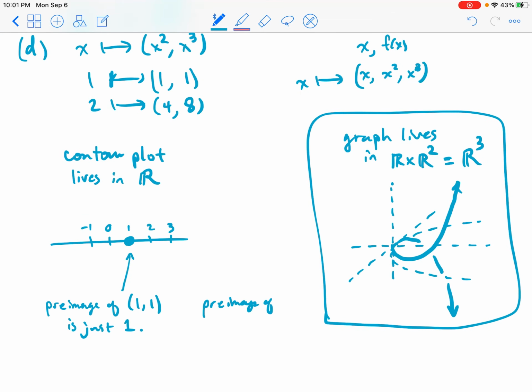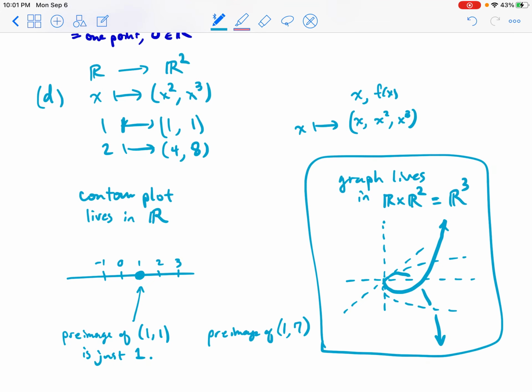The preimage of 1, 7. 1, 7 is a point in the plane. It is a possible output, but it turns out this map will never hit that point.